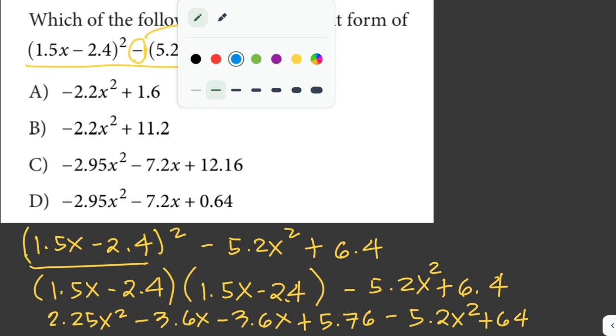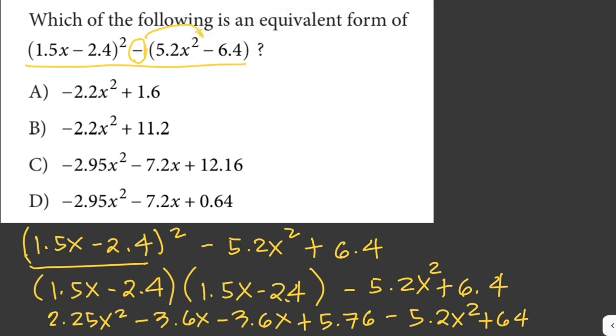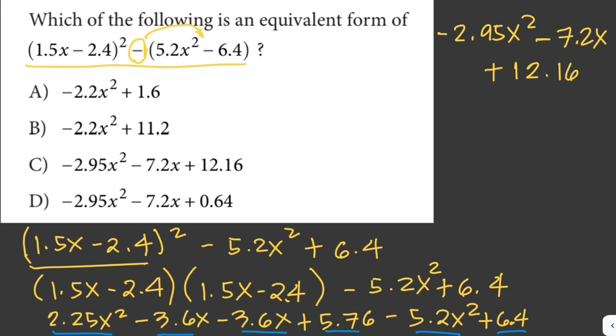Now we can group like terms. So we group this one and this one, and then this one and this one, this one and this one. So we have, by adding 2.25x squared and negative 5.2x squared, we get negative 2.95x squared.